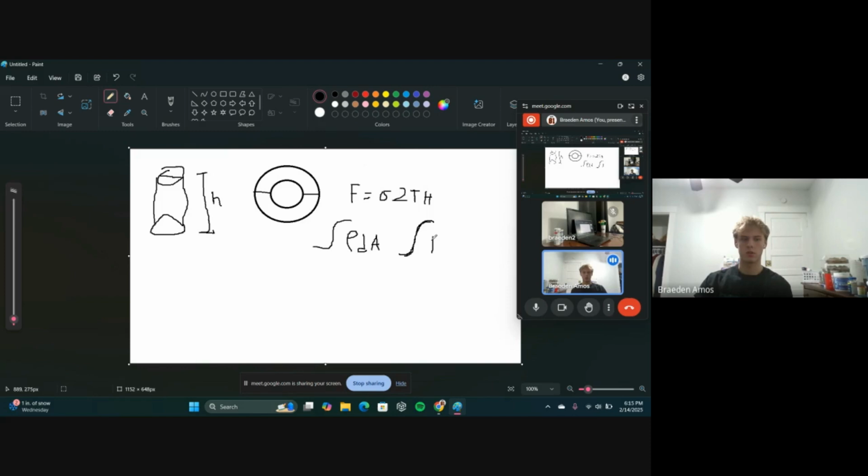So pressure, and so we have the height of the cylinder times the radius, and then from the center we need this length right here. So we have the radius, and this will be d theta. So pressure times height times radius times d theta.